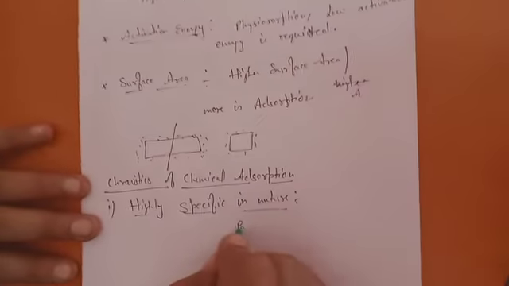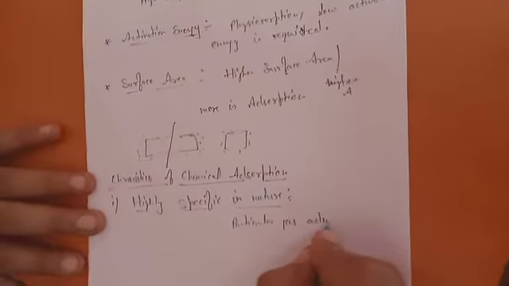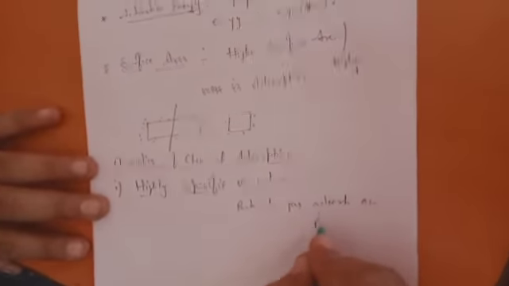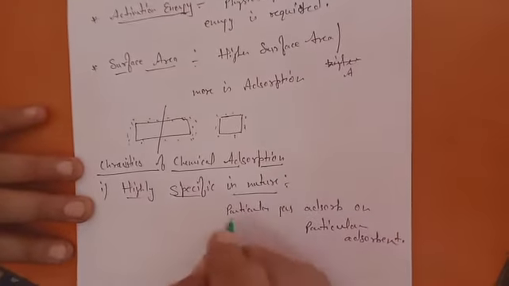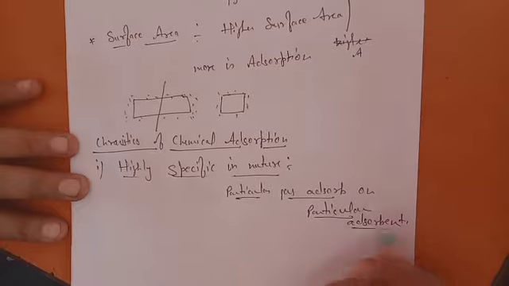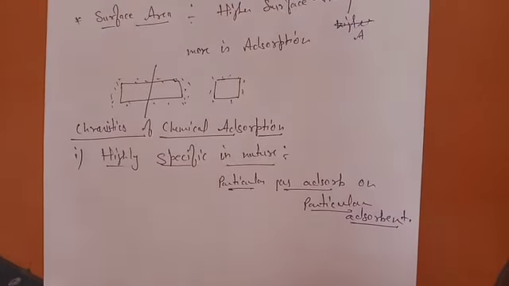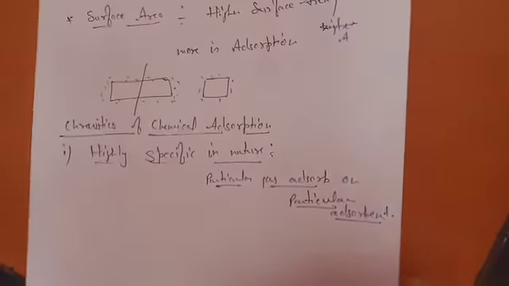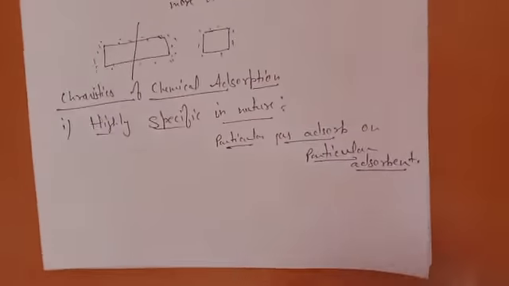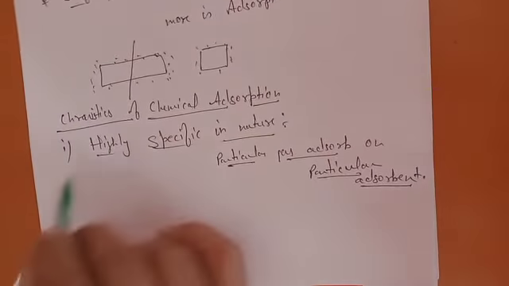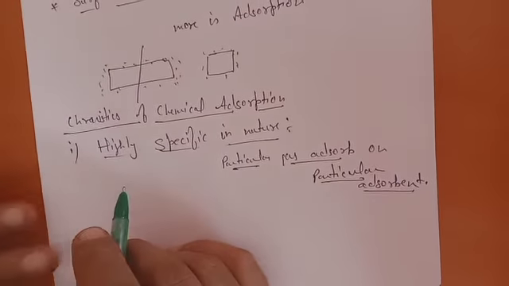Meaning to say, a particular gas adsorbs on a particular adsorbent. Why? Because chemical reaction or chemical bonds can form between two specific compounds. Not every element forms chemical bonds with every other element. That's why in case of physisorption there is a lack of specificity, but this one is highly specific in nature.